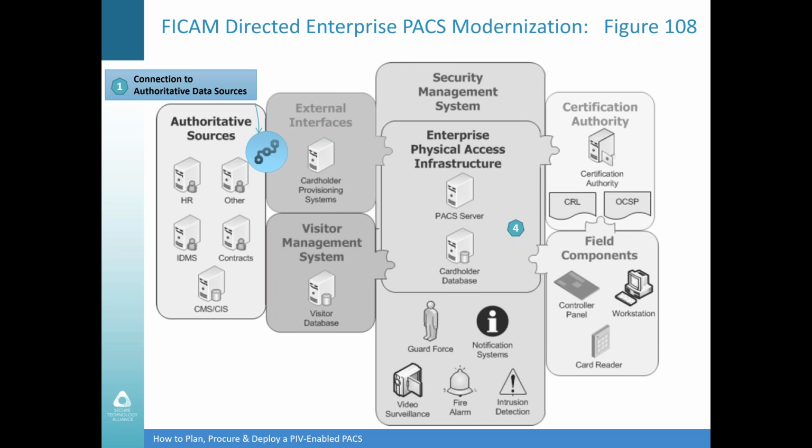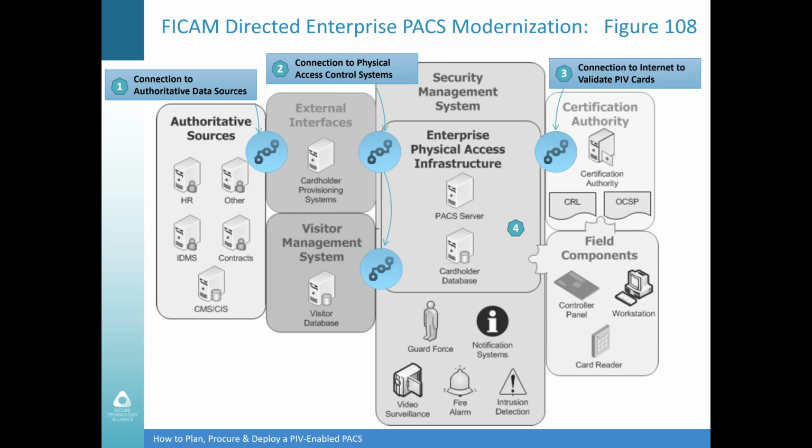So each of these authoritative sources is usually maintained by an organization who's chartered with the accurate maintenance of information in these sources. So that's perfect, because what FICAM says to do is bring those identities in and provision those into physical access systems, making sure that the certificates on the cards are valid and that they're not revoked. And so what is the glue that does this? We know all these piece parts.